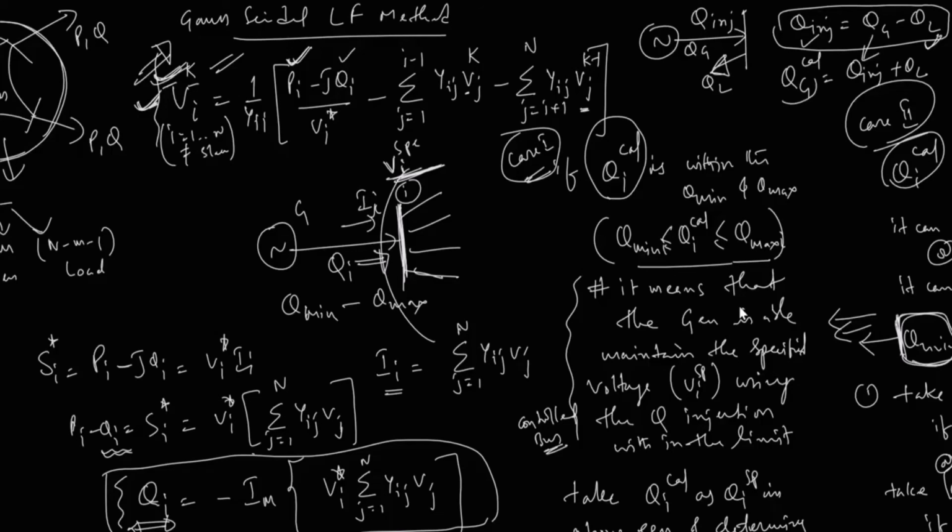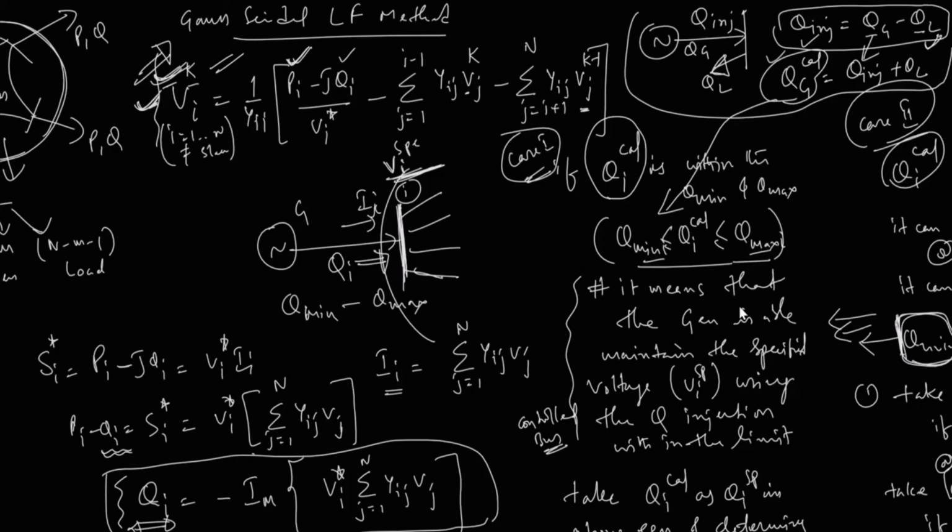Once you get this QG calculated, then you have to compare that with its minimum and maximum limits. Only this much correction you have to make. So yesterday we calculated Q injection, the net injection into the network, which equals reactive power generation minus load reactive power.